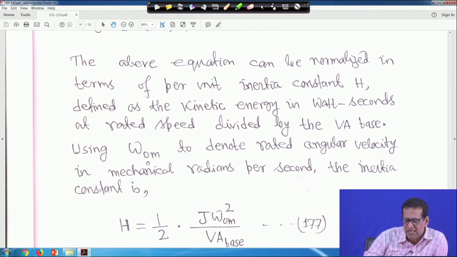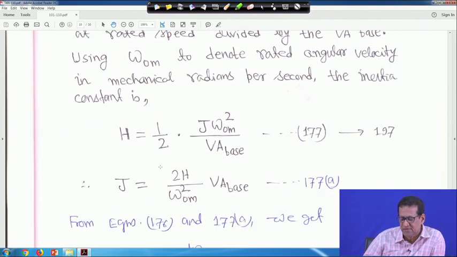Using omega 0m to denote rated angular velocity in mechanical radians per second, the inertia constant is given by H is equal to half J omega 0m square divided by volt ampere base.